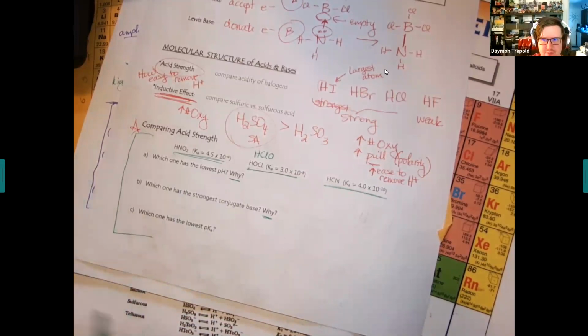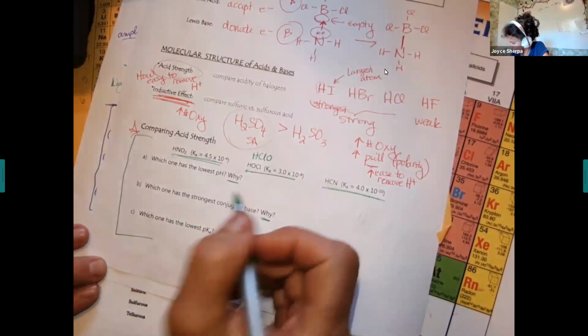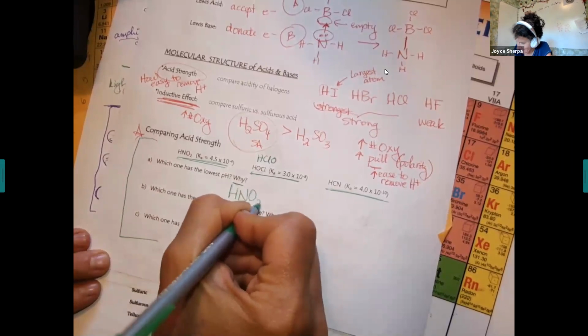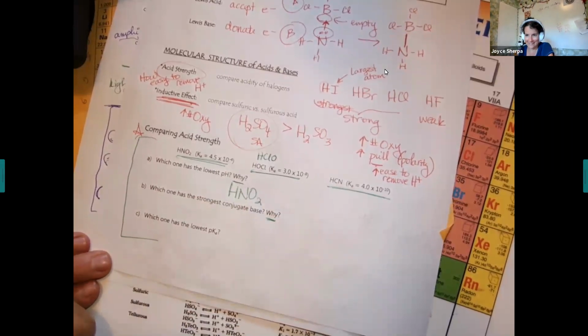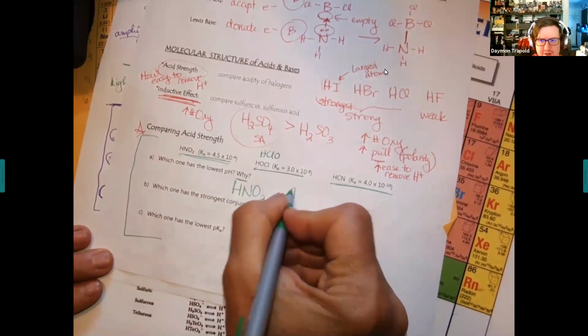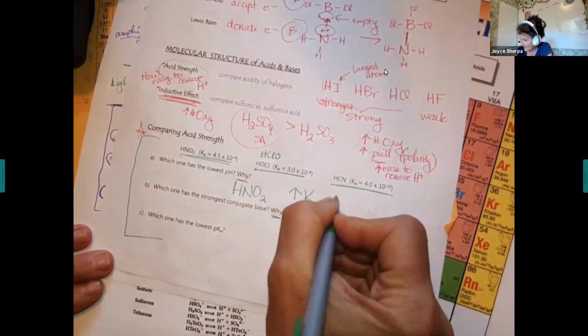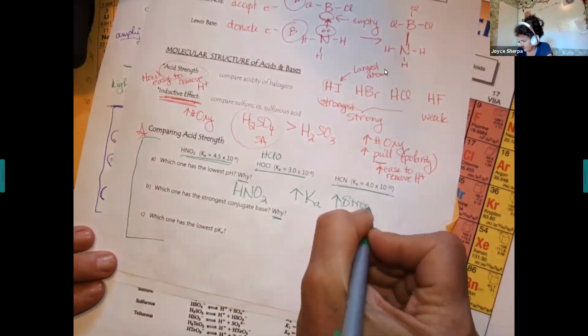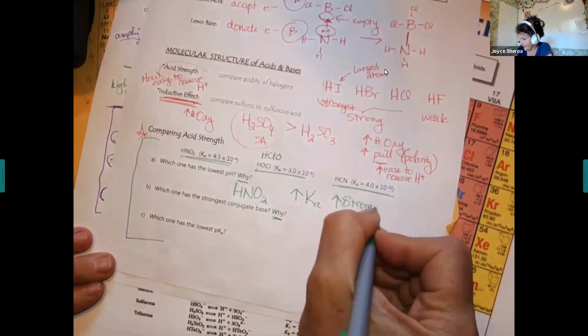HNO2. There we go. I knew somebody had to be there. Yes, HNO2. Why? It's the strongest acid. Yeah, the higher the Ka, the stronger the acid.